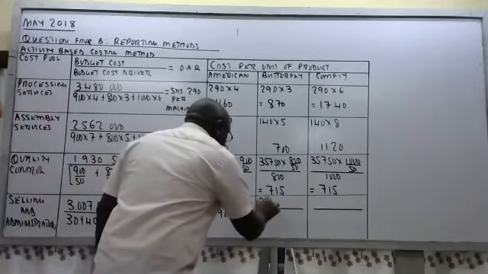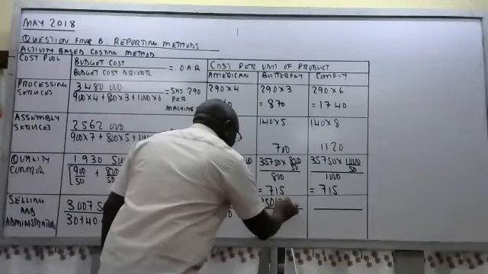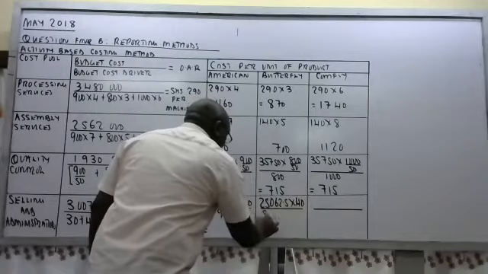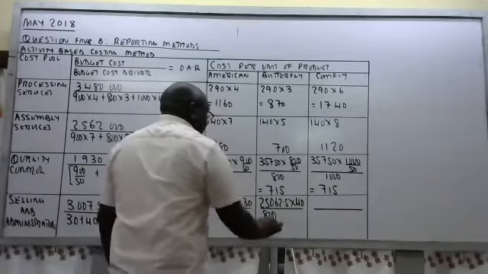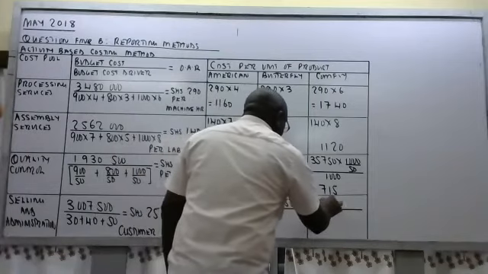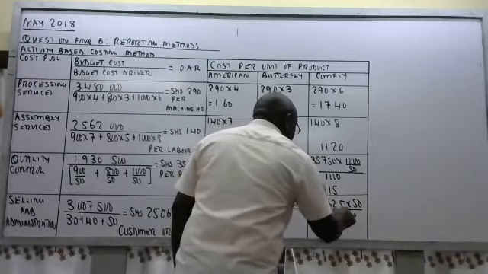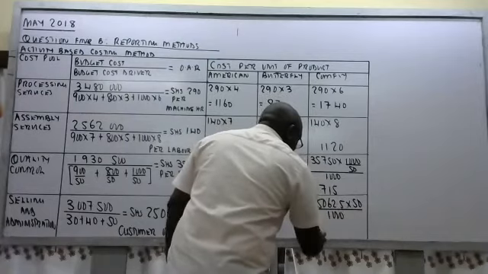Then 25,062.5 times 40, you divide by 800. 25,062.5 times 50, you divide by 1,000.